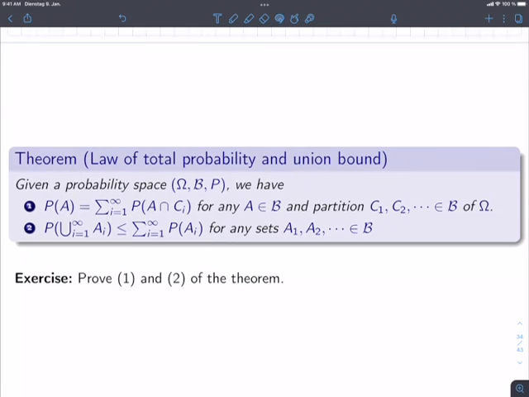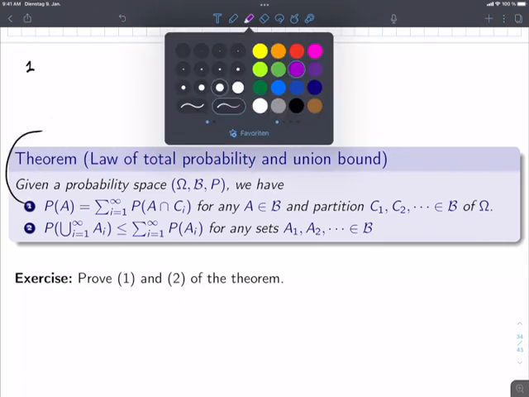Okay, a couple more important rules of probability that we use all the time. The first one, we call it the law of total probability. Let me choose a less nasty color.